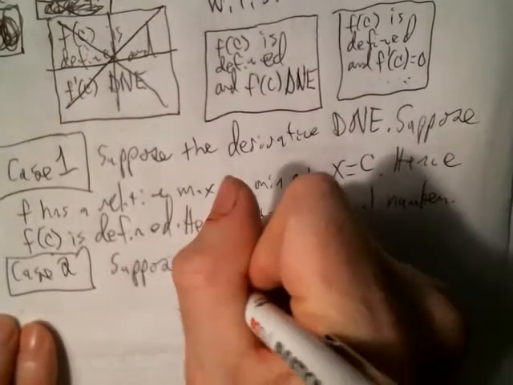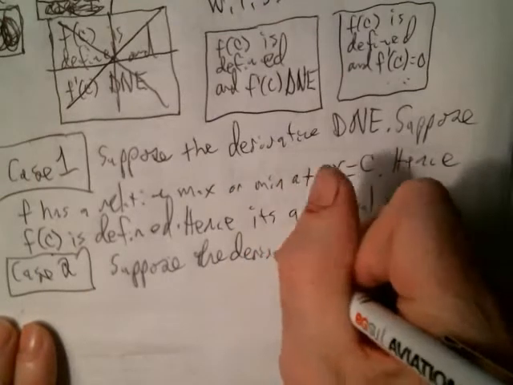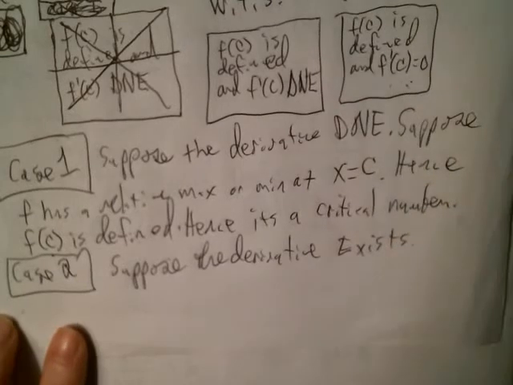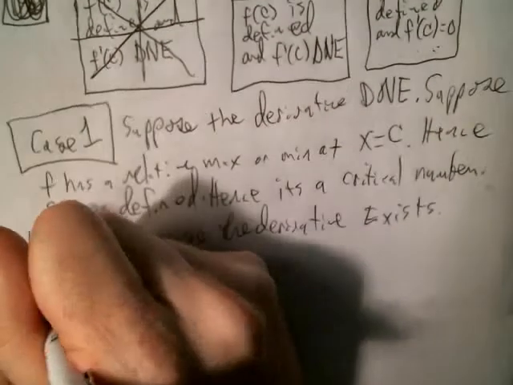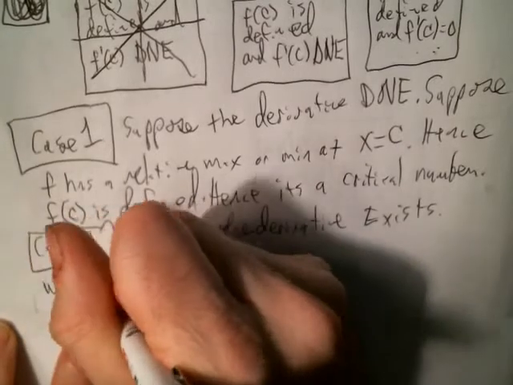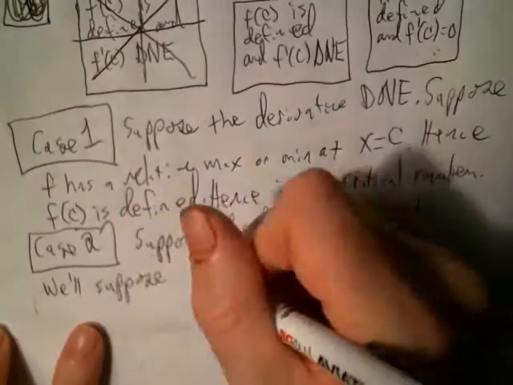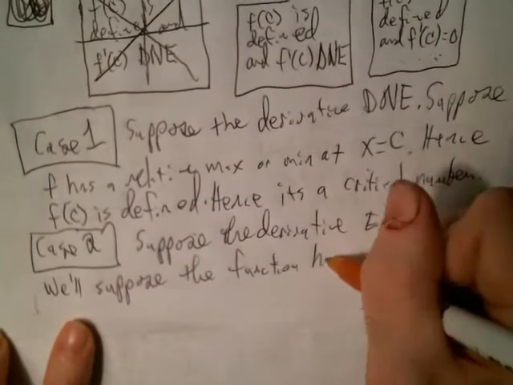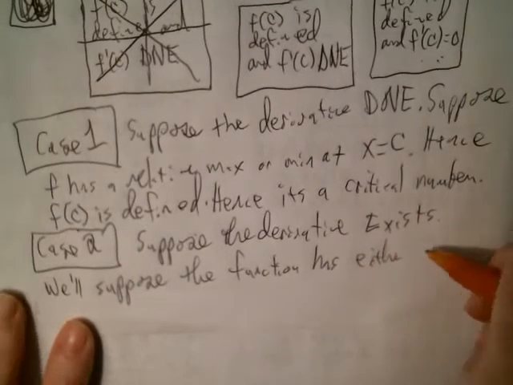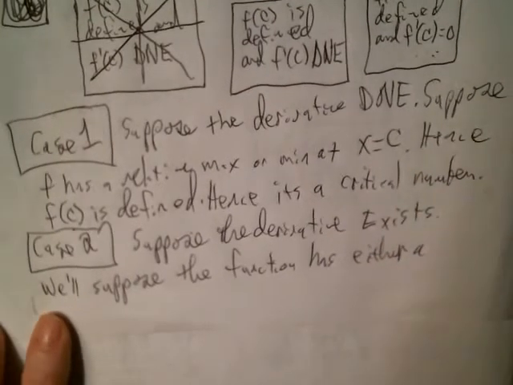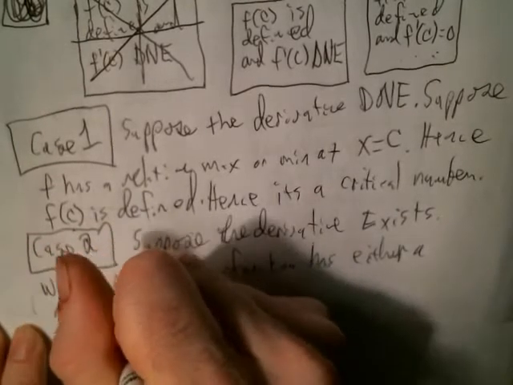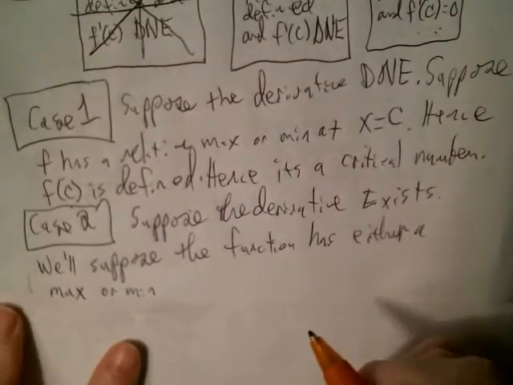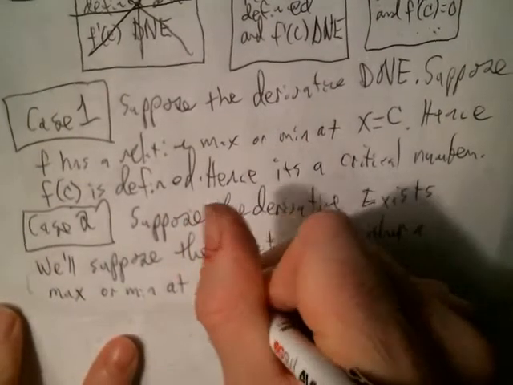Right? Suppose the derivative exists. We'll suppose, furthermore, the function has either a max or a min at f of c.